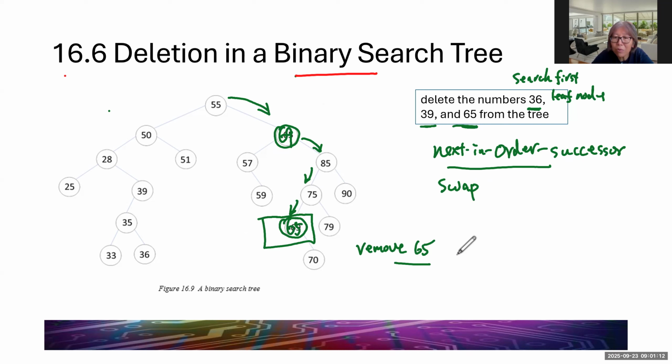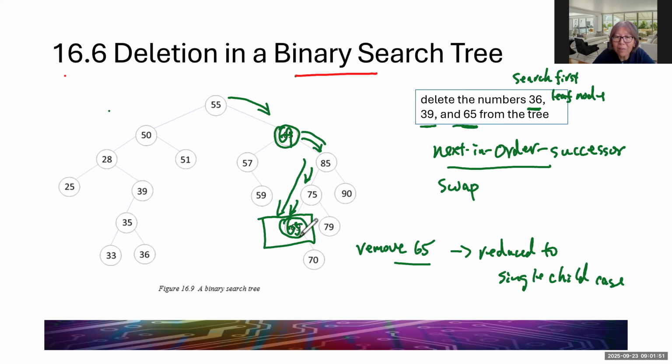Now this case is reduced to the single child case. So for a node that has two child nodes, left and right, you first need to find its next in-order successor. How to find it? Go to the right first if the right subtree exists, and then in the right subtree, you follow the left all the way.